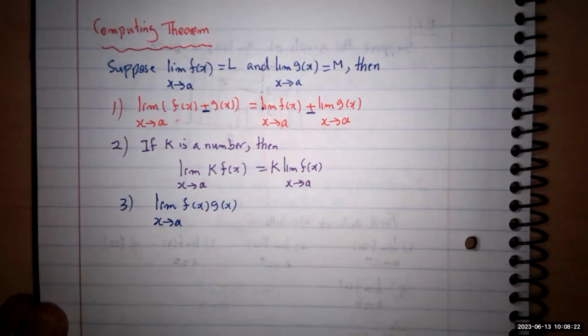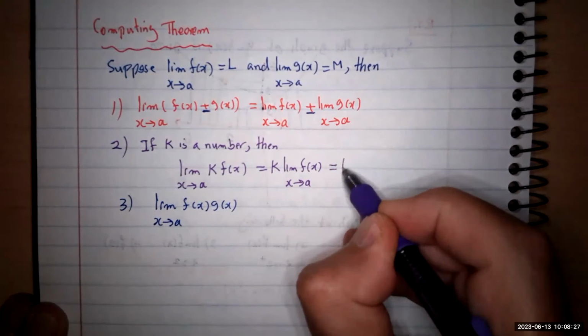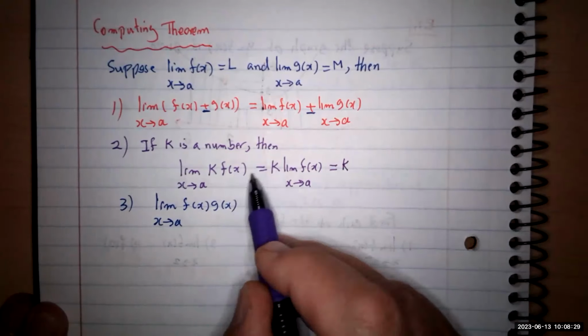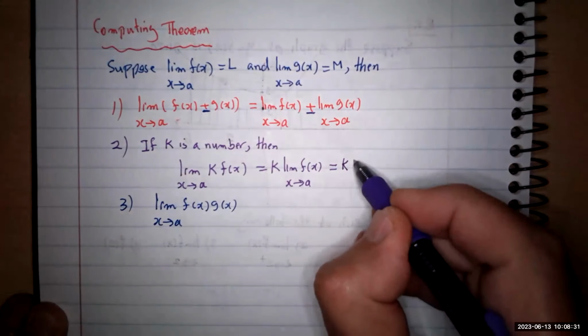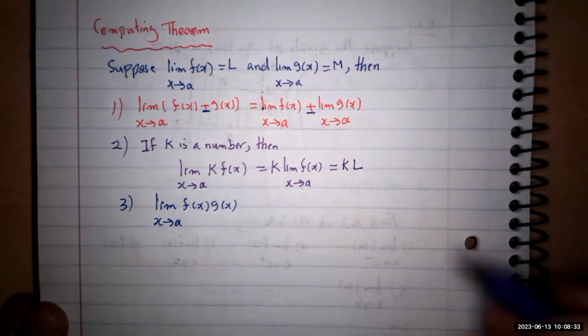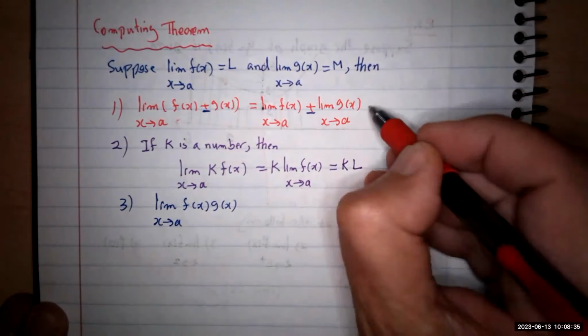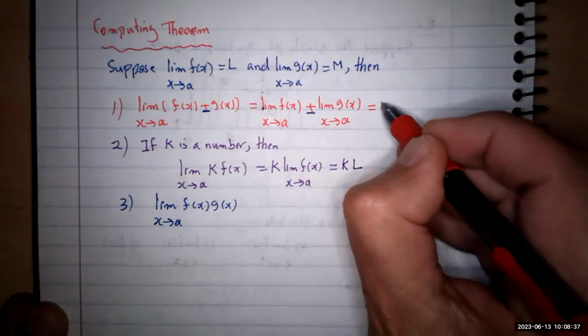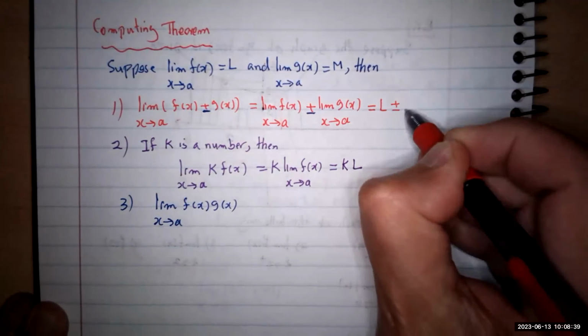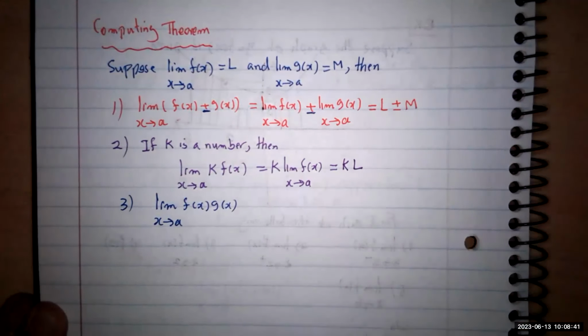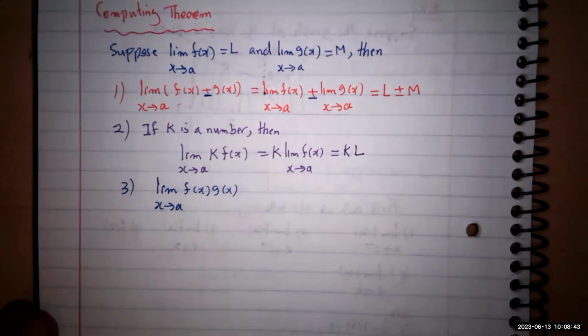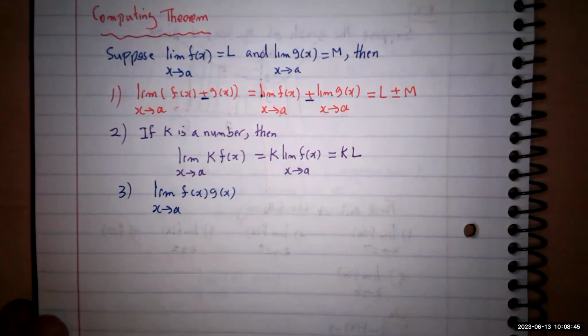I'm sorry, I could write this one as well. You see, this is like k times the limit of f of x, which is L, so k times L. Just to explain it, it's the same here. It's like L plus or minus M. So if you already have the numbers, then you substitute and you get your results.